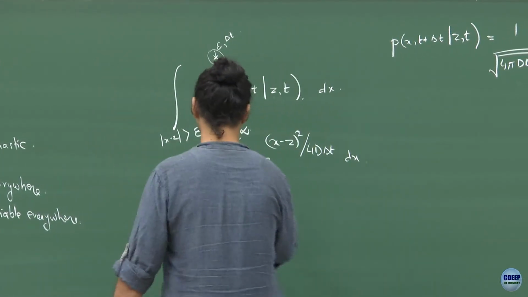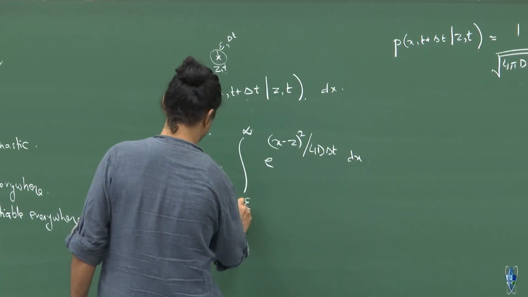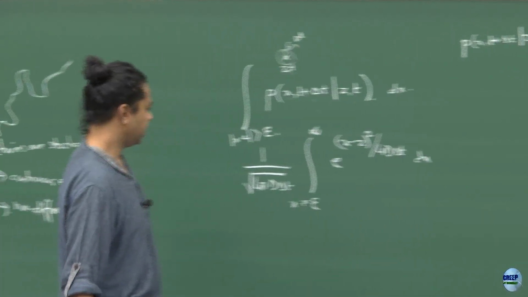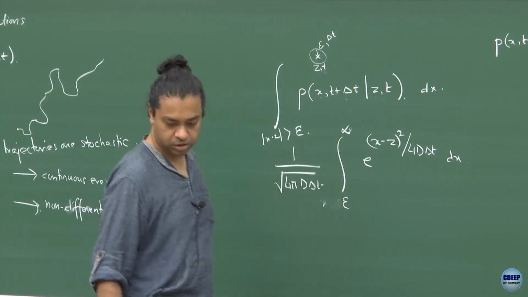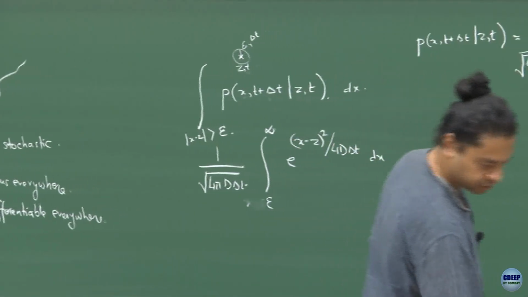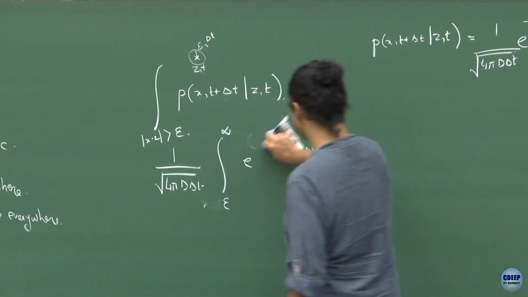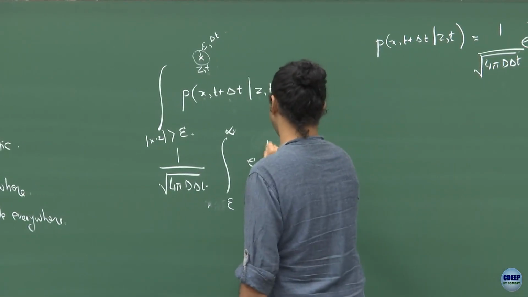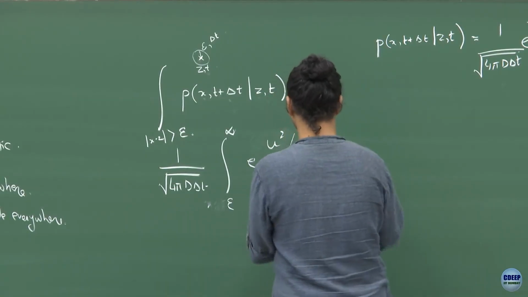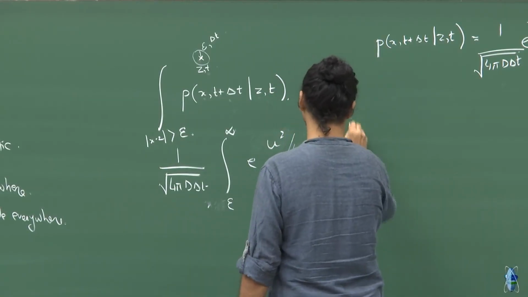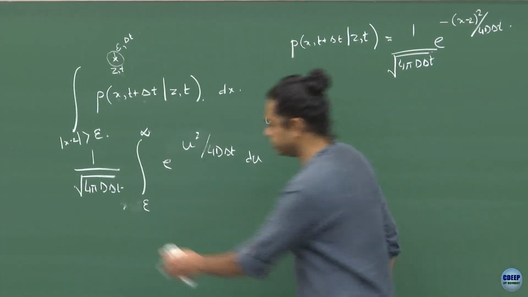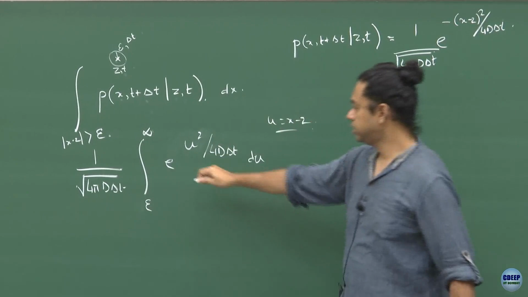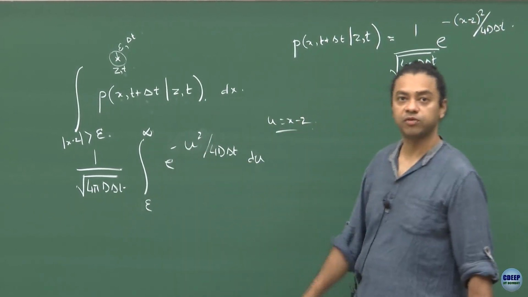So, this is x minus z equal to epsilon to infinity, and if I do a change of variables, let me call it u, then this is just u square, du. I have just done u equal to x minus z, right. Then this integral goes from epsilon to infinity, e to the power of minus u square by 4 D delta t.